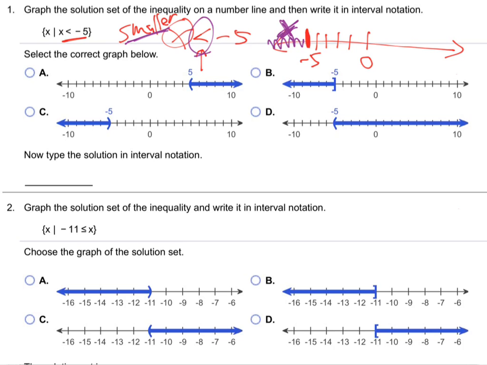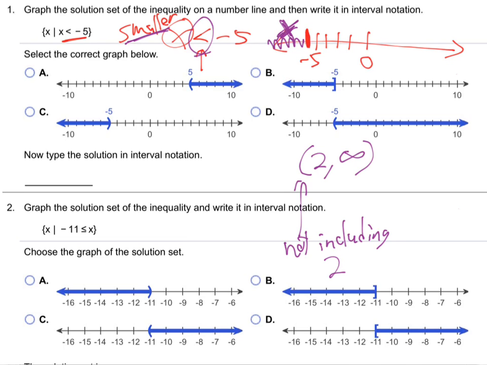The way parentheses work, let's say you put parenthesis 2 to infinity. That sideways 8 means infinity, if you've seen that before. It means forever. So that would mean all the numbers from 2 to infinity, but not including the 2.